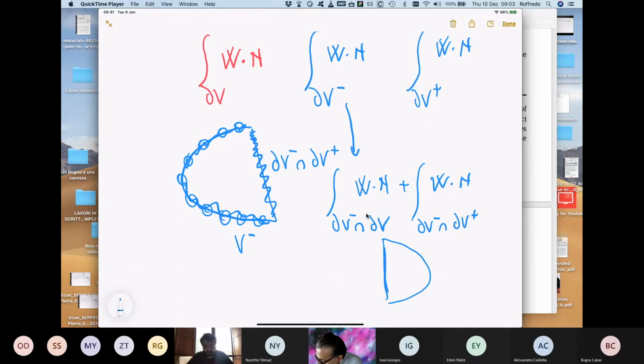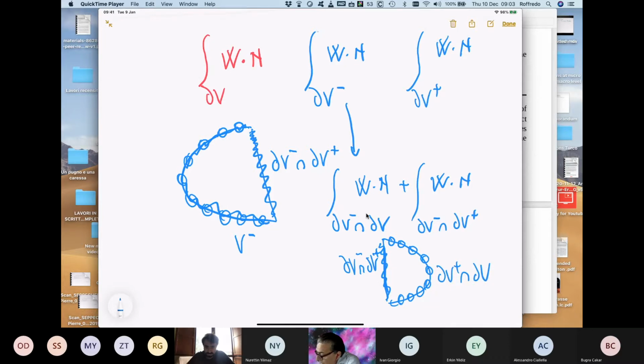So you have dV minus intersection dV plus, and this is the part dV plus intersection dV.